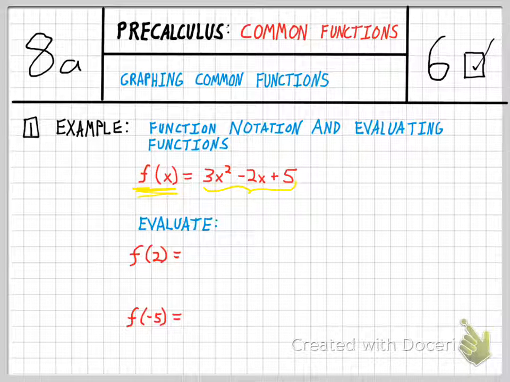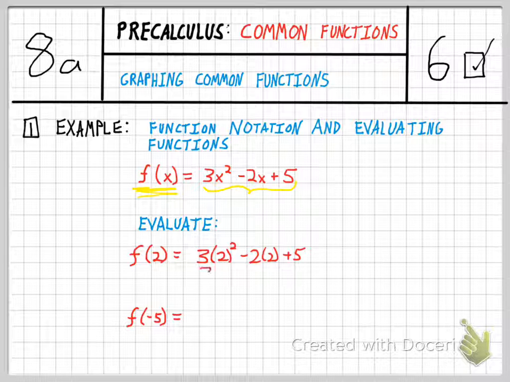So let's do an example. If you are asked to evaluate f of 2, what you're going to do is think of 2 as your input, and then simply replace every x in the function rule with your input of 2. So I would get 3 times 2 squared minus 2 times 2 plus 5.